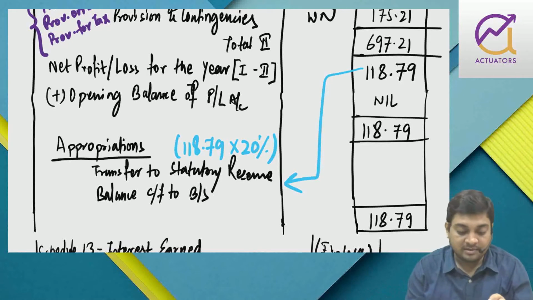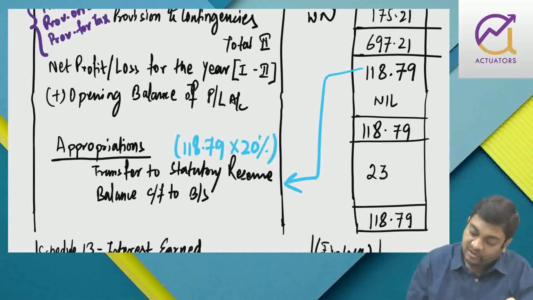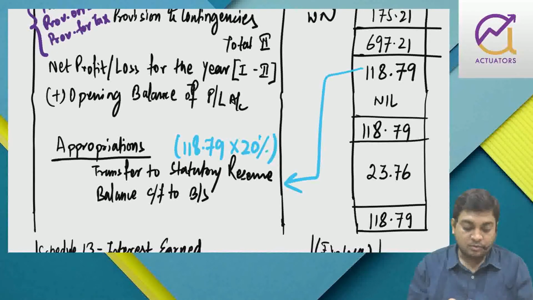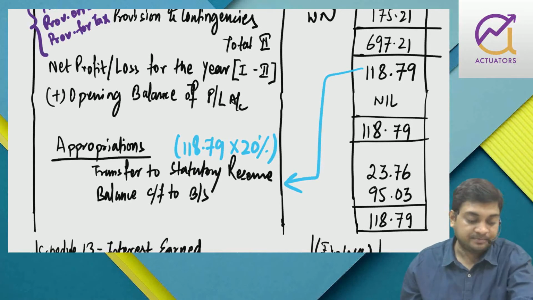So how much will it be? 23.76. So 118.79 minus 23.76, so it is 95.03.